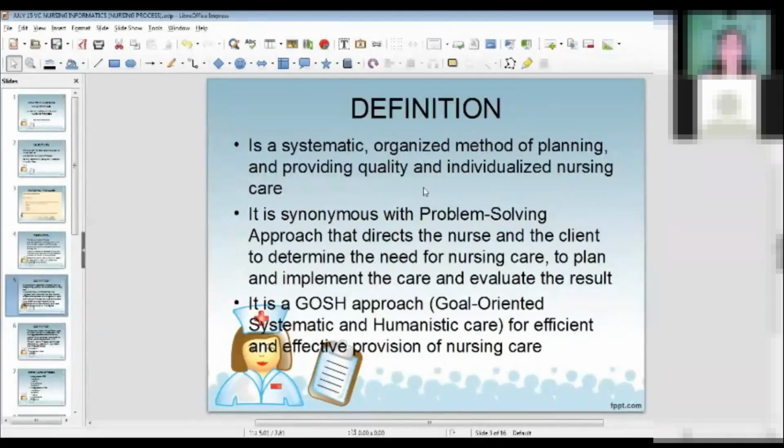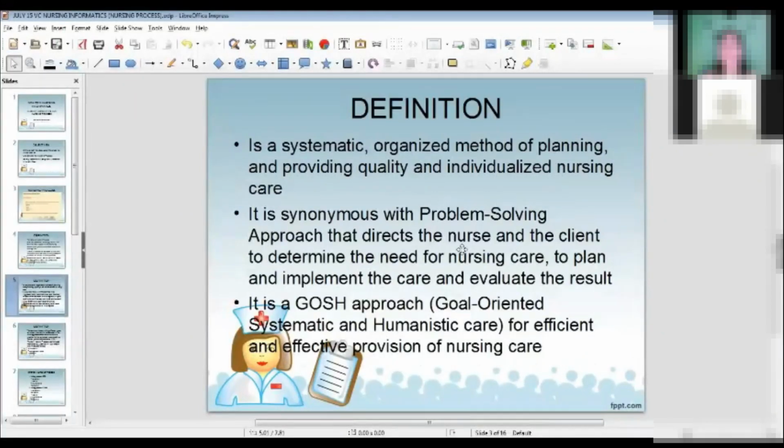It is synonymous with a problem-solving approach that directs the nurse and the client to determine the need for nursing care, to plan and implement the care, and evaluate the result. So again, all of the steps in the nursing process work hand in hand.